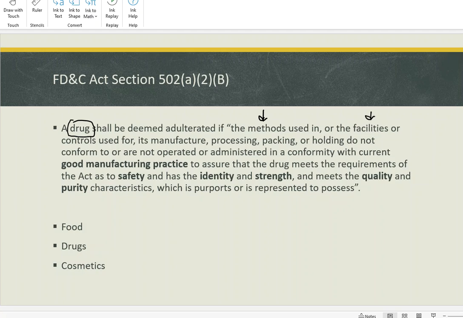Or the facilities. That also means that they're going to pay special attention to the facility that is being used to make that product in. You're doing this in a warehouse, they're going to come out and take a look at the warehouse.